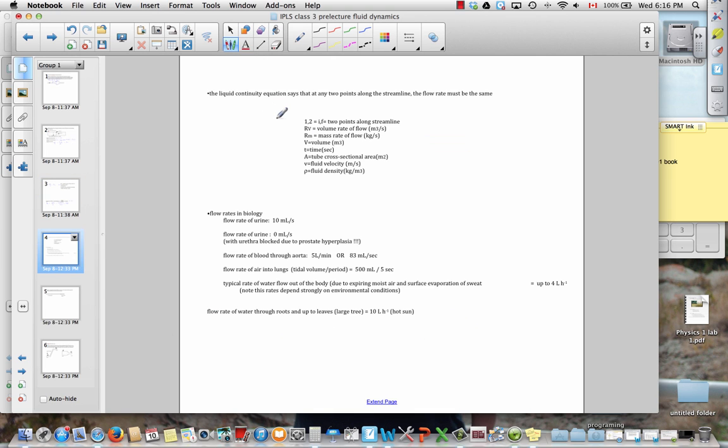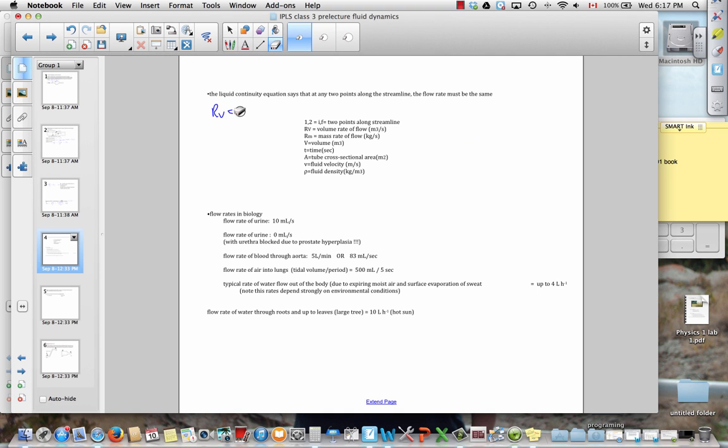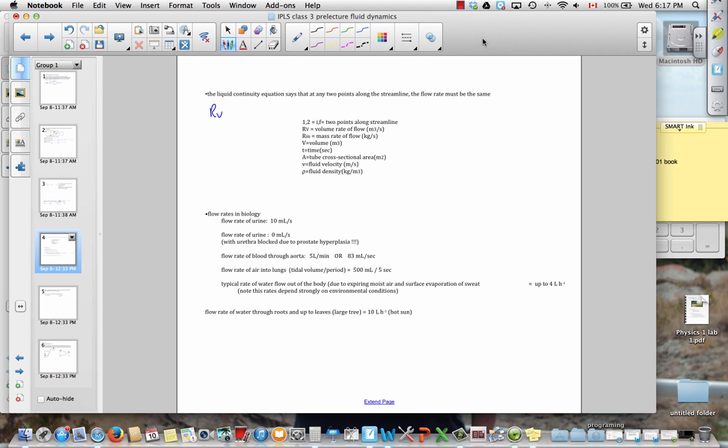Now, the continuity principle that we stated earlier simply said that at any 2 points along a continuous flow, the volume rate of flow has to be the same. So if we call those 2 points 1 and 2, it must be that the volume rate of flow, which we just defined as the ratio of volume to time, has got to be the same at any 2 points.